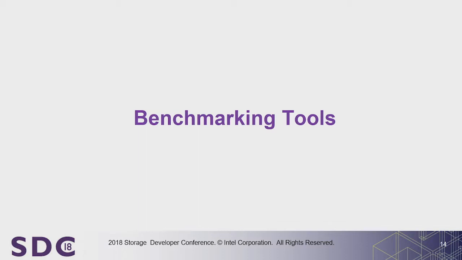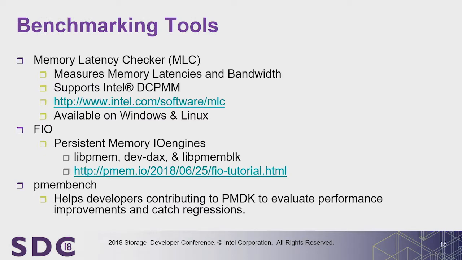So that's the end of how you provision your DIMMs and how you expose your persistent memory to your application. From a benchmarking tools perspective, memory latency checker is something you can run without any parameters. It looks at the topology of your platform and generates latency and bandwidth information.